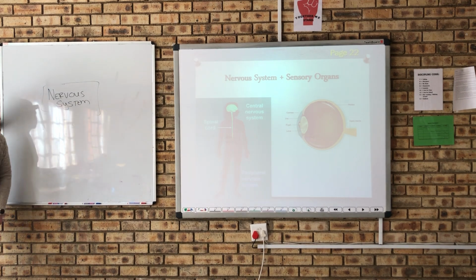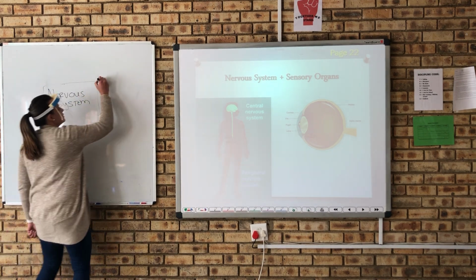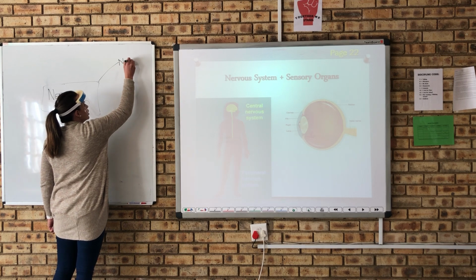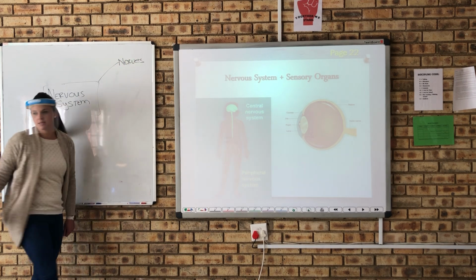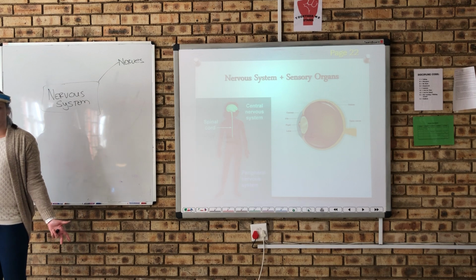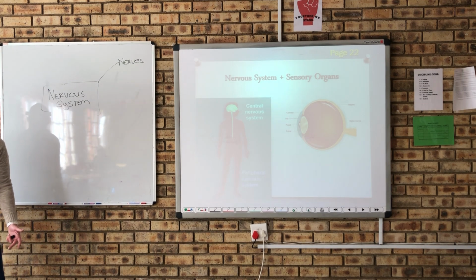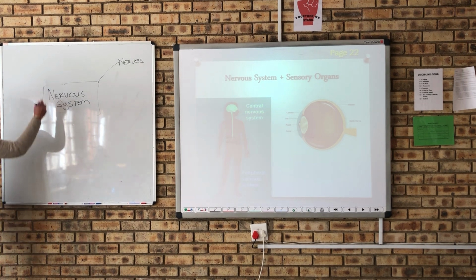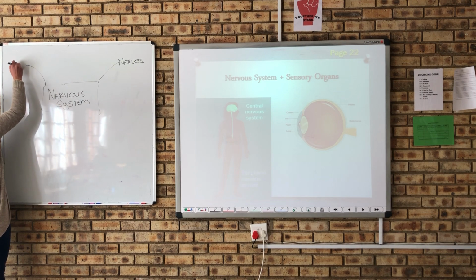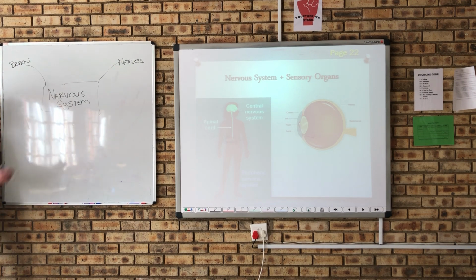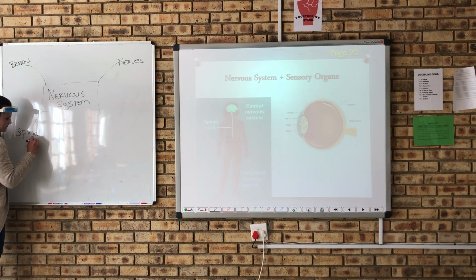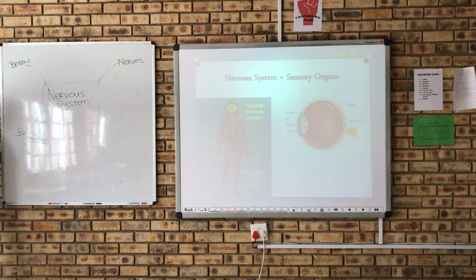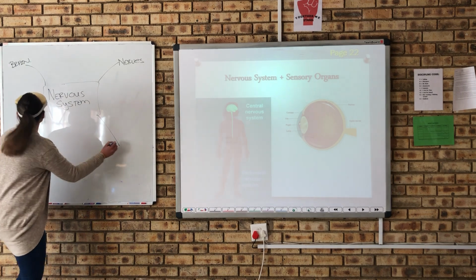Okay, right, nervous system. So the nervous system is made up of, we have nerves, right? Yes? What else? Lovely. Brain. Yes? Anything else? Yes, your spinal cord. Okay? Oh wait, there's one more thing.